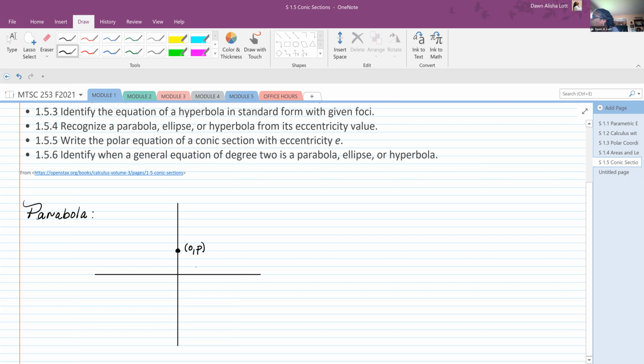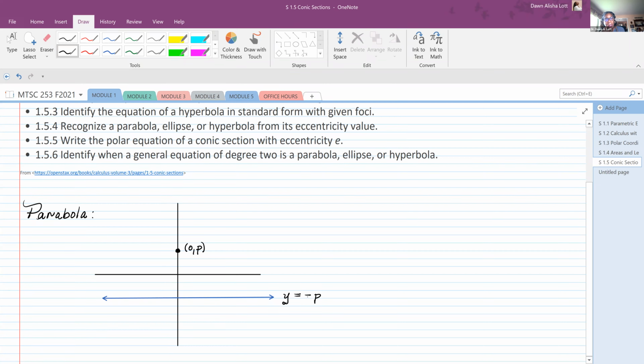Then I'm going to draw a line that I'm going to call the directrix, and it is also P units from the origin. So here is the directrix. This line is y equals negative P.